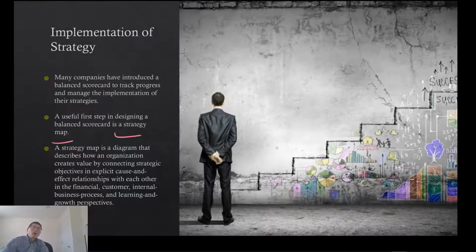Okay, so when it comes to strategy implementation, we want to have as detailed perspectives as possible in terms of strategies. For example, our strategy is product differentiation, and how do we achieve this goal financially, in terms of customers, in terms of business operations, and so on and so forth.